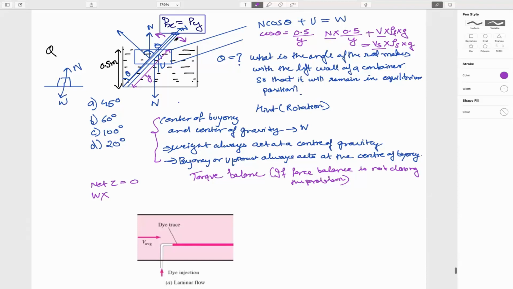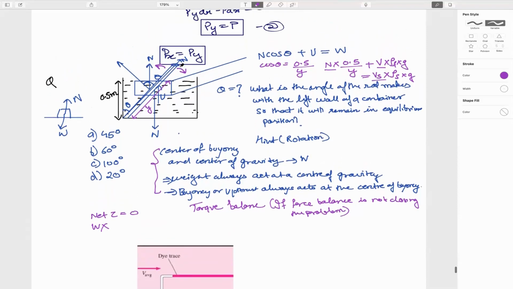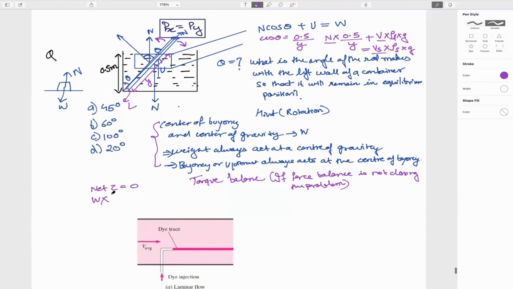If the length of the rod is L, then this is L by 2, and so W into L by 2.